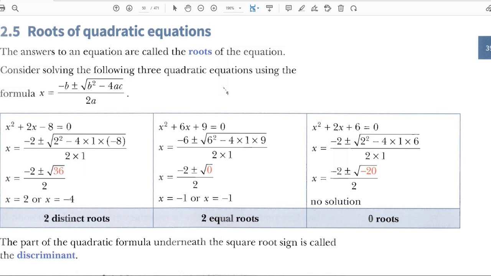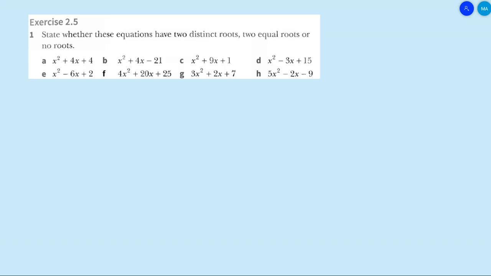Students, there are two words. One word is quadratic equation. What is a quadratic equation?